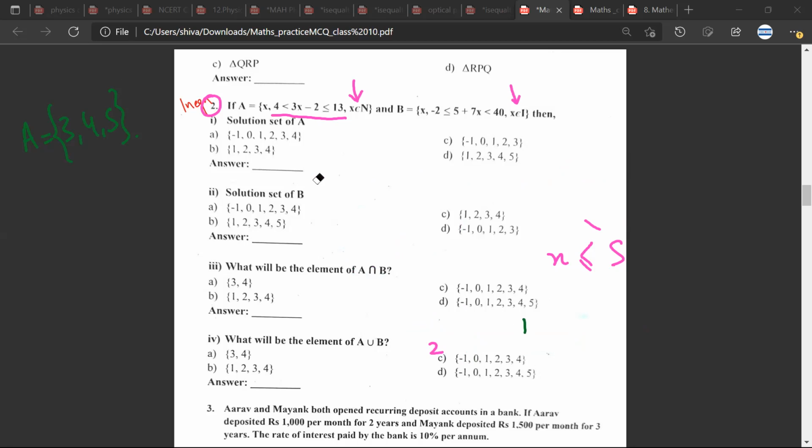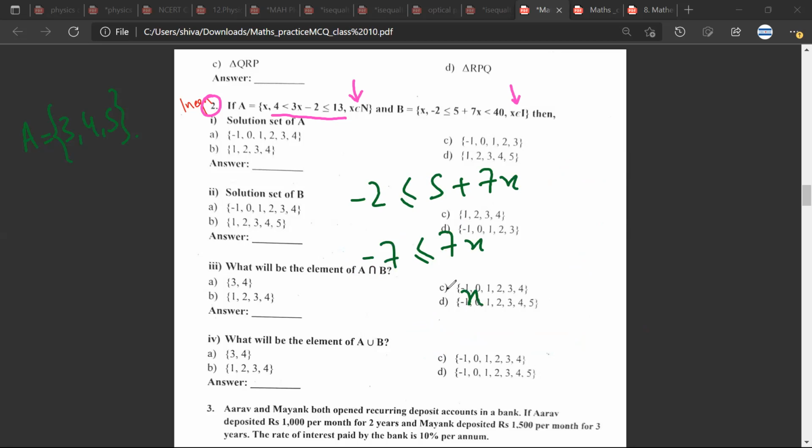And then we look at B. Now B, when we solve for B, 5 plus 7x is greater than or equal to minus 2. 7x would be greater than or equal to minus 7. x would be greater than or equal to minus 1. And 5 plus 7x would be less than 40. 7x would be less than 35 and x would be less than 5.